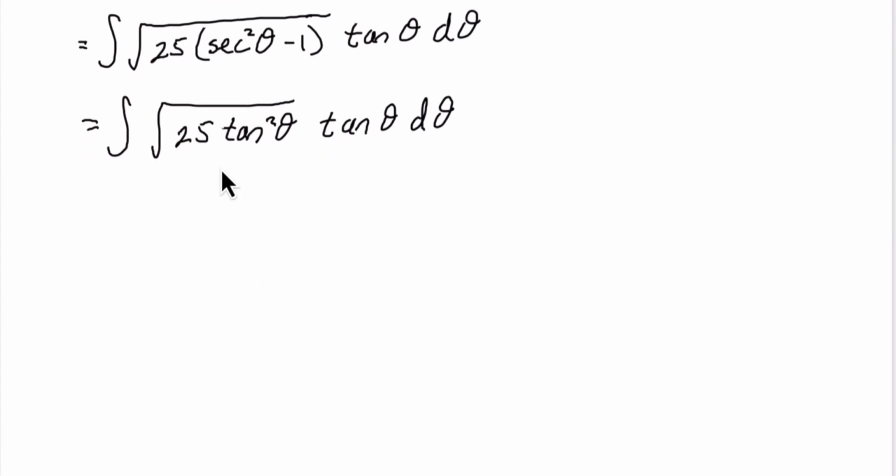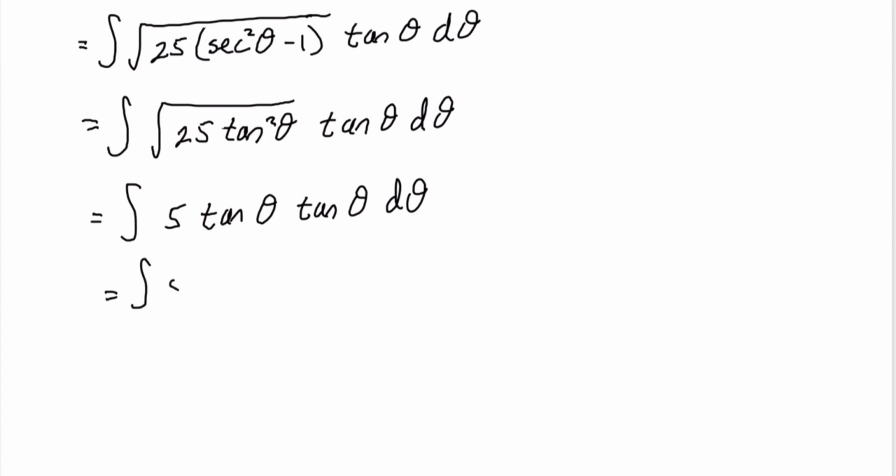At this point we have a perfect square under the radical, so we can rewrite that. Square root of 25 is 5. Square root of tangent squared is tangent. We have 2 tangents there, so that is tangent squared theta d theta.